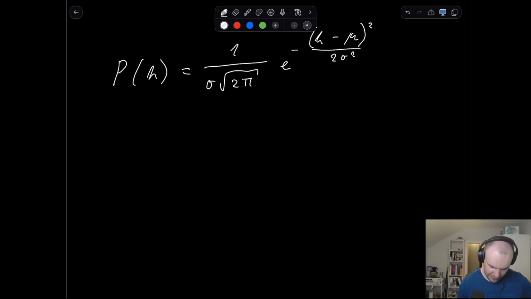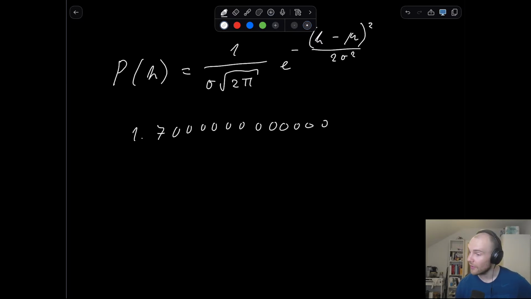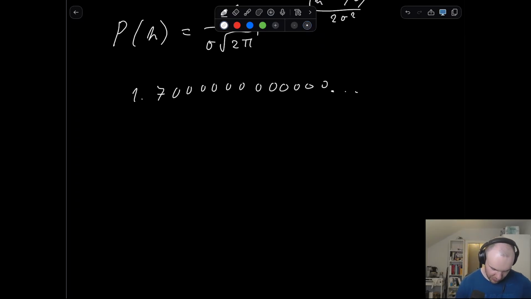I mean that you can't ask the probability of a woman being, let's say, 170, because 170 means 170.00000000. You can't get that precision. This will go forever.